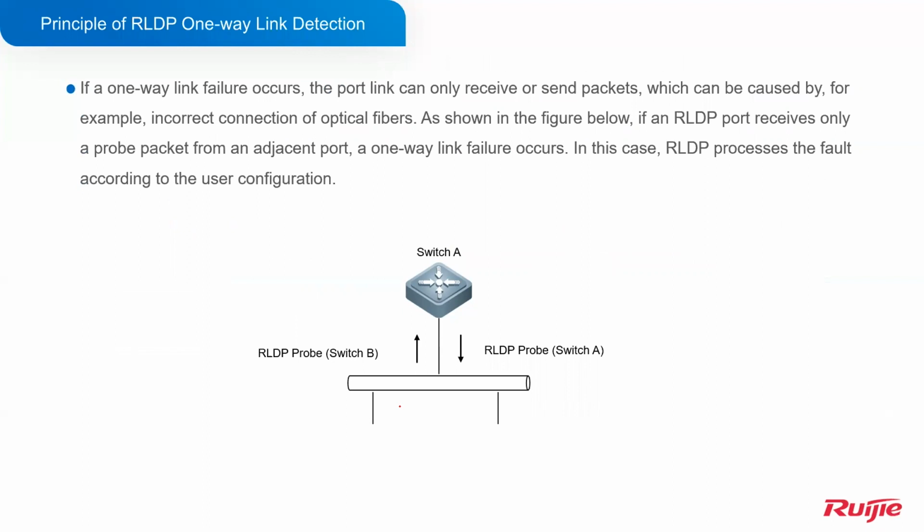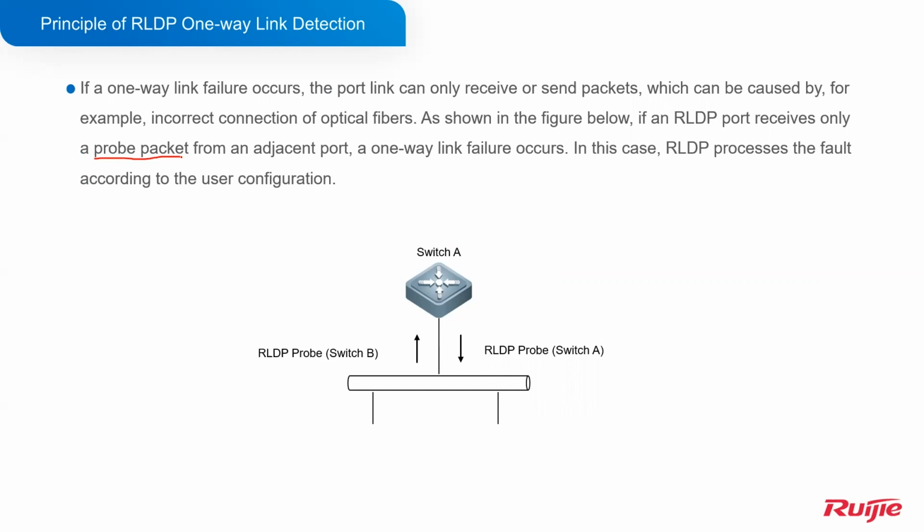As shown in the figure below, if an RLDP port receives only a probe packet, sent by the adjacent port, but it cannot receive the response from the peer, it means this is a one-way link failure, because no response represents that the peer device didn't receive the probe packet from this end. Right? I think you can understand this, right?